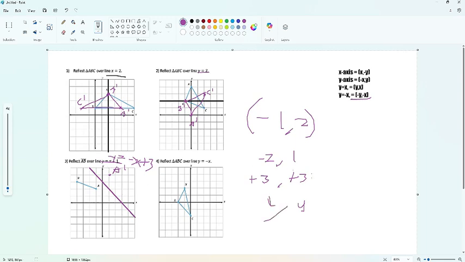Oh, 1, 4. Wait. Oh, so. Oh, I get it. When it's -x, both of these will be the same, as in plus 3, plus 3, plus 3. But if it's -3, it'll be -3, -3.